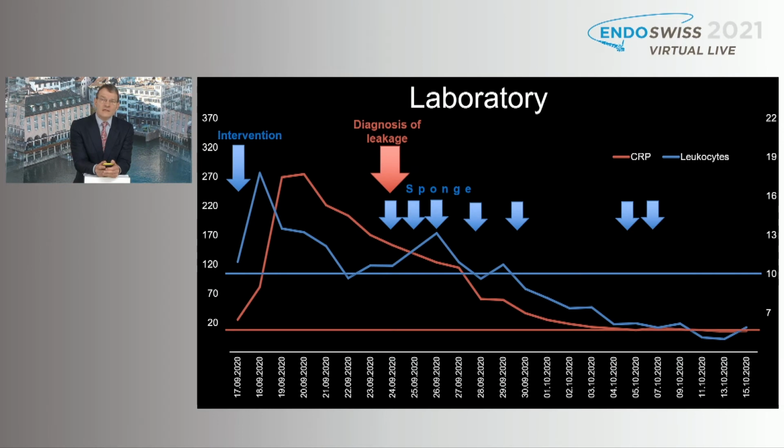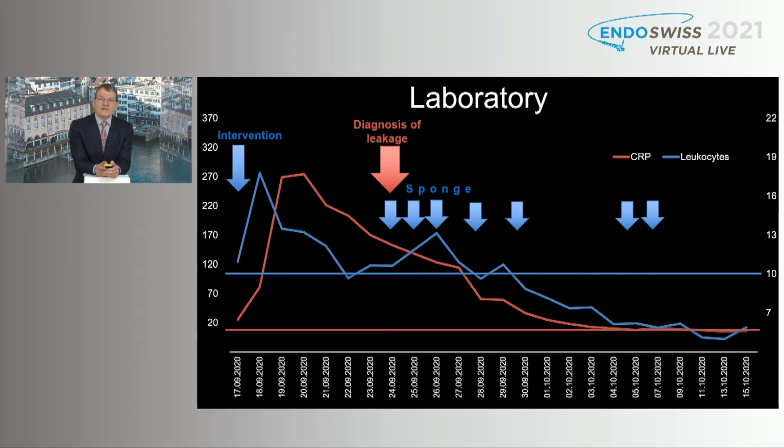And here you see the laboratory follow-up. So after the diagnosis of the leakage and placement of the sponge, you see how the leukocytes and also the CRP decreased to normal value.